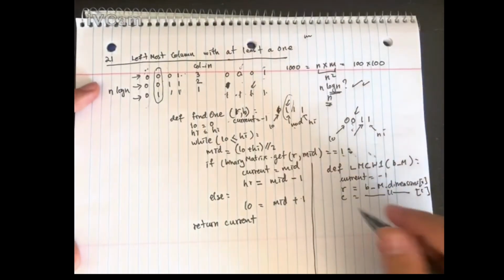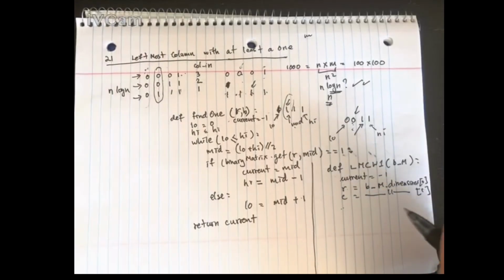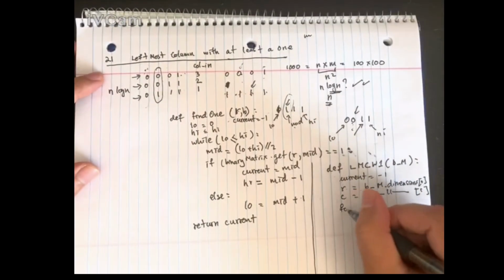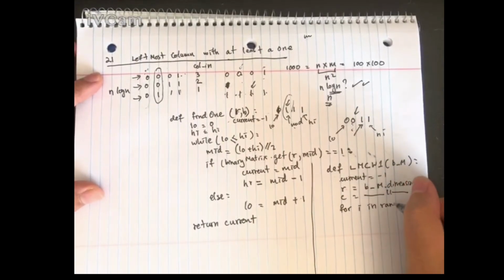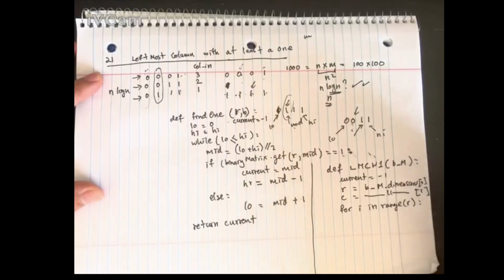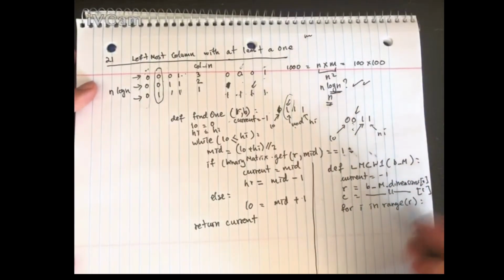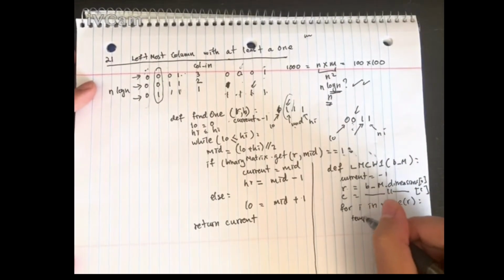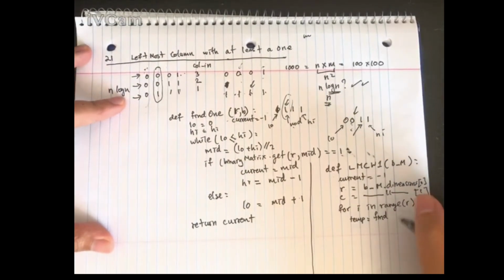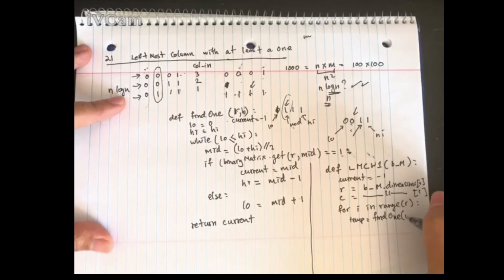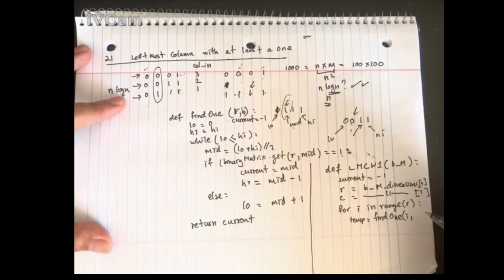Then we can go through the rows: for i in range of row, we want to store the value of this function. We can call it find1, and then we need to provide the row. So row is i, and high is the column.